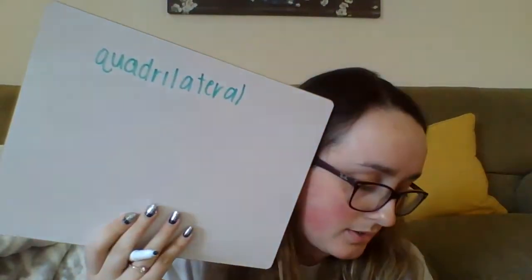Okay, I can't pull it up right now, so you're just going to have to look at it. We know it's going to be a quadrilateral because of what we know about quadrilaterals. They usually have 4 sides. This one has 4 sides, so you would write quadrilateral.